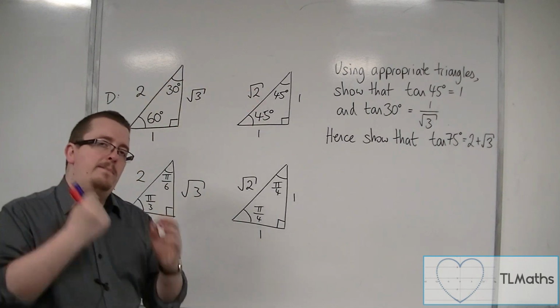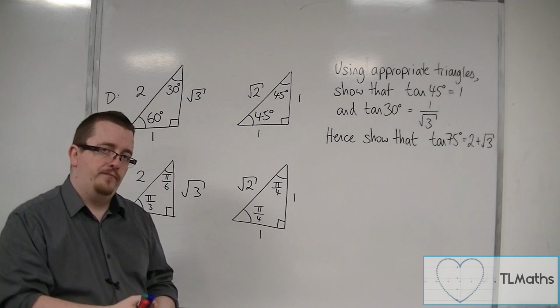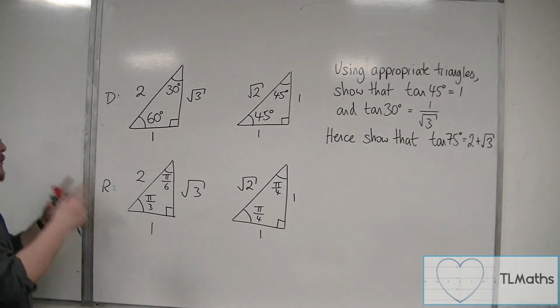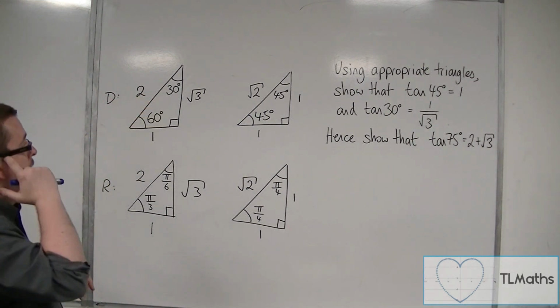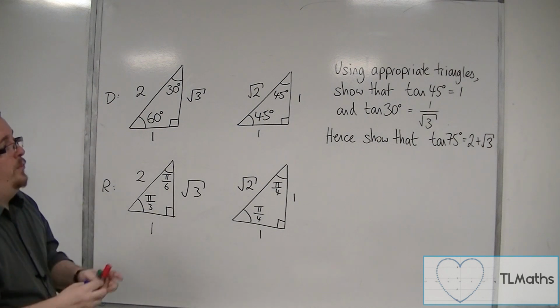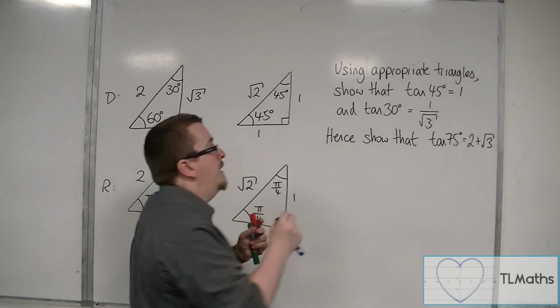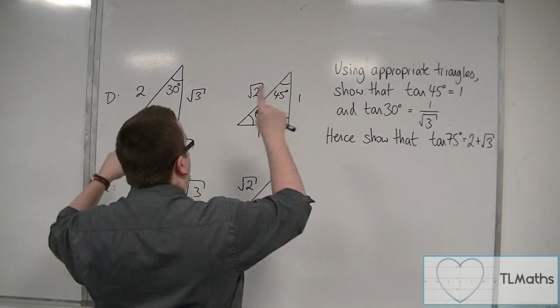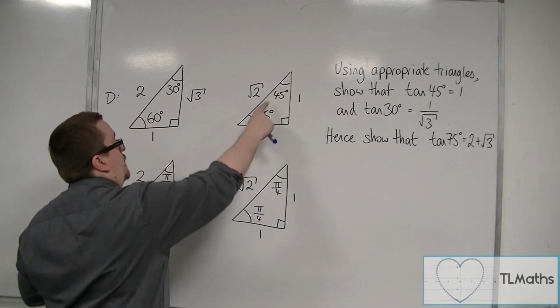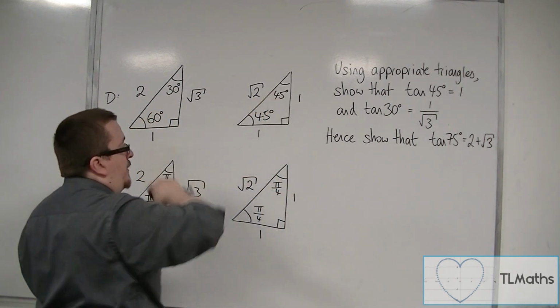So we would need to make sure that we can draw them. Now, from this, if I want tan of 45, I look for 45 degrees, okay? And I could go for either of those two, so I'll go for this one.